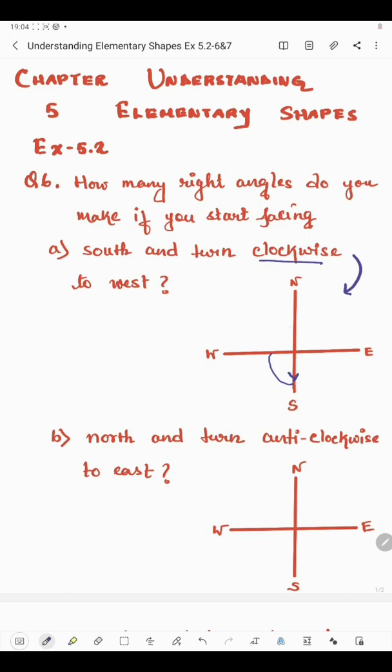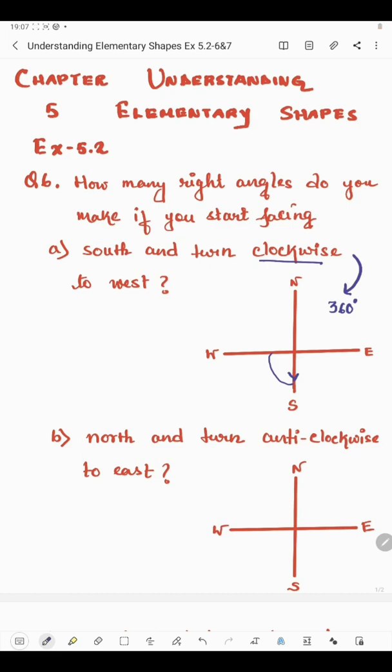Now here we can clearly see that we have 4 directions: north, south, east, west. Suppose you are facing any direction and you come back to that particular direction, that means you have to complete one revolution, and one full revolution is 360 degrees.